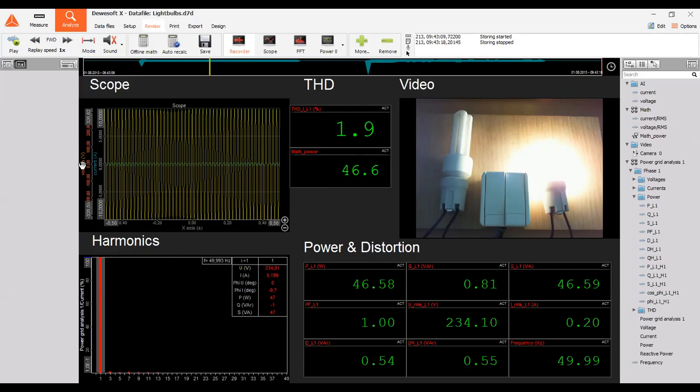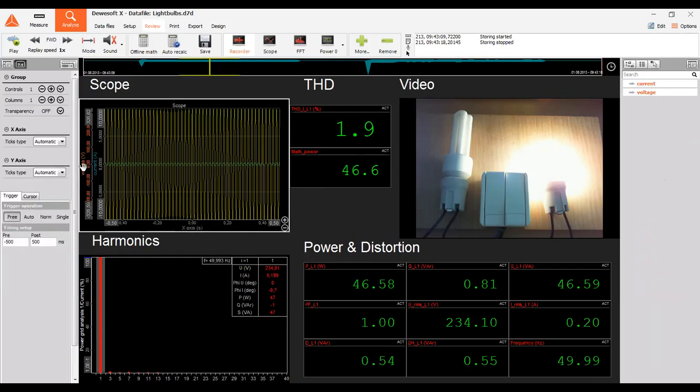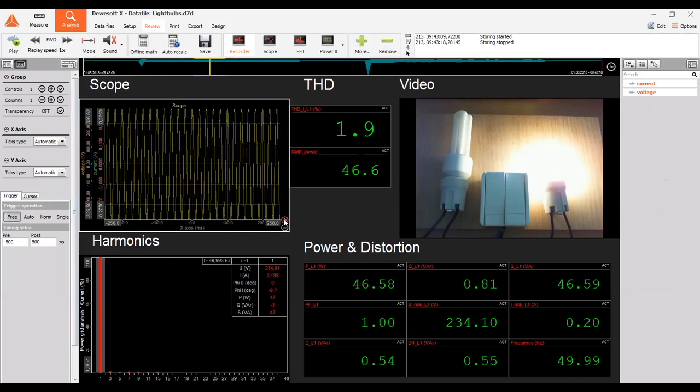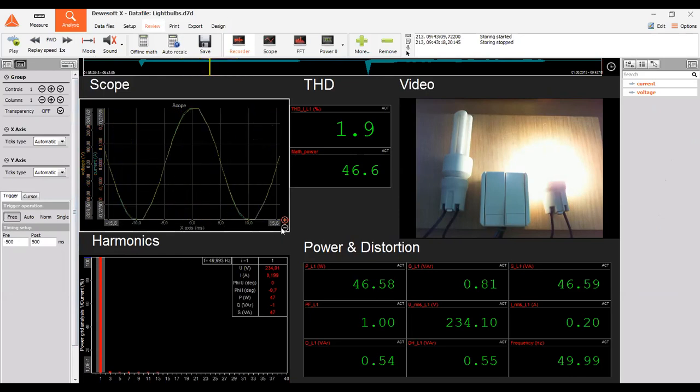We have the oscilloscope here, so we can add, or we can full scale this and take a look at the waveform and see, oh, nice sinusoidal wave. On the harmonic side, we see principally no harmonics. So this is an ohmic load.